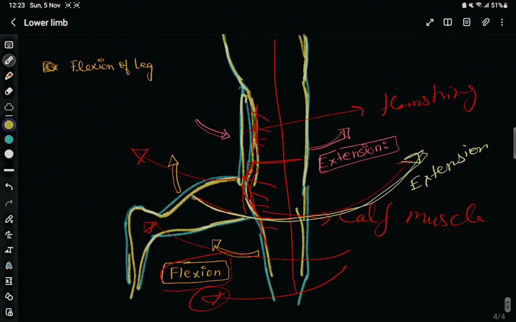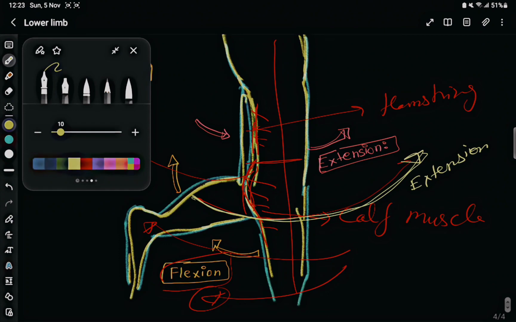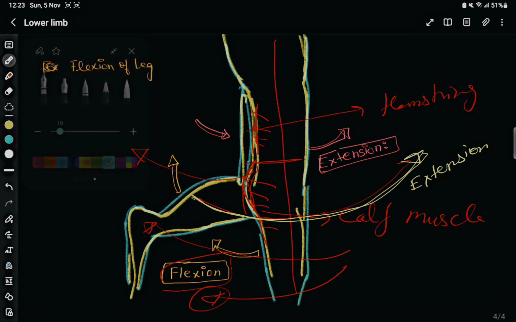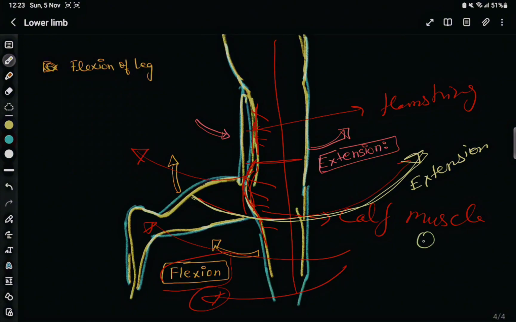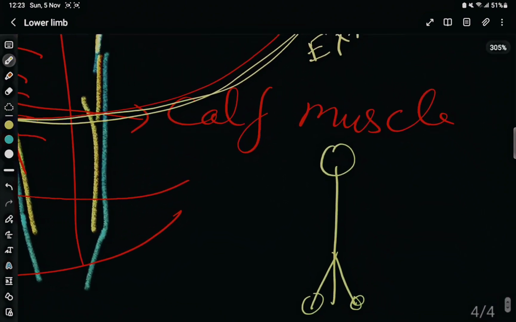So if I give an example, this is a man. This is a leg. Imagine the pendulum of a clock.